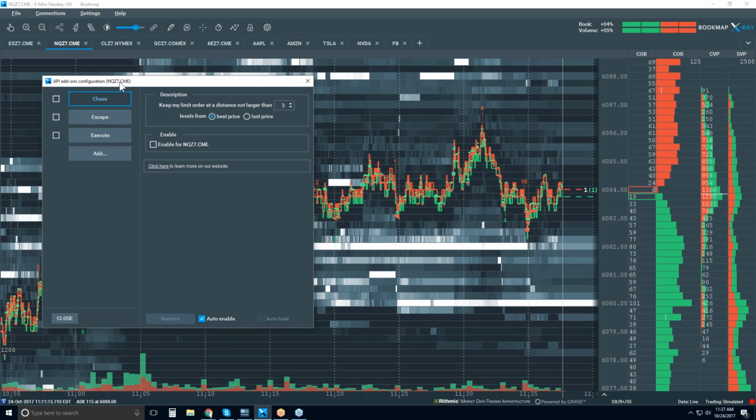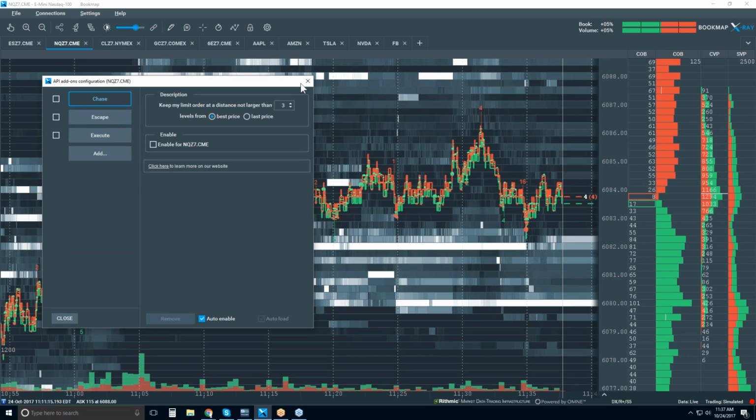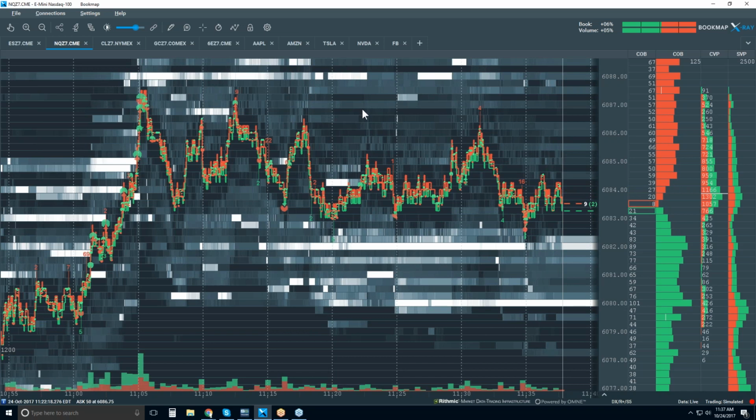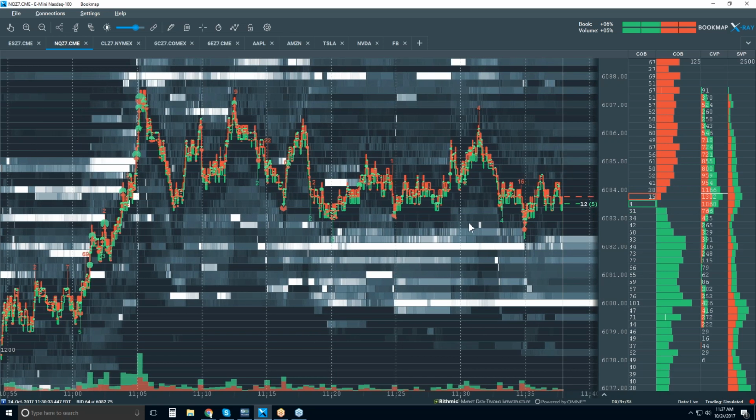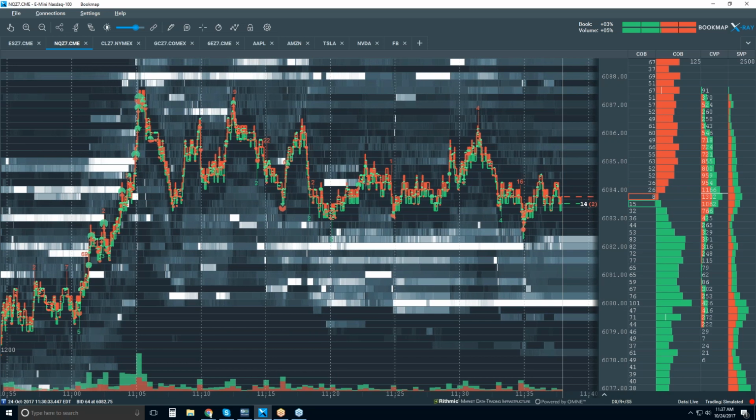So it's looking for order book and balances for chase or for escape and execute, and then fills your order based on that. Yeah, reach out to me or reach out to support at Bookmap or Bruce at bookmap.com, and I can follow up with you on that.